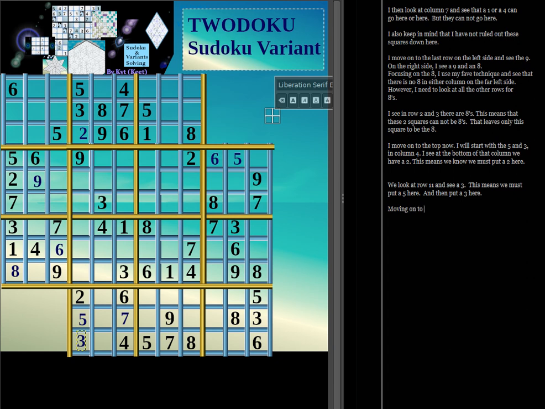Moving on to column 5, we see an 8 and 9. I look at the bottom of the row and at row 10, 11, and 12. Row 11 has the 8 and 9.